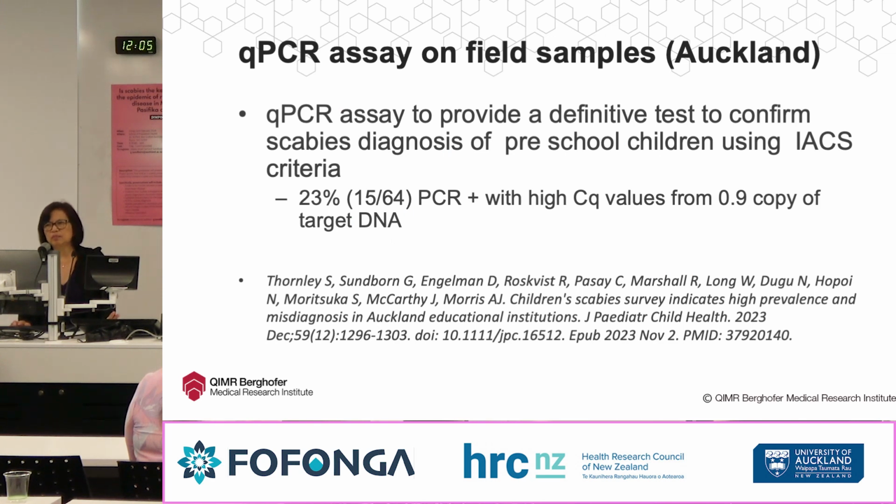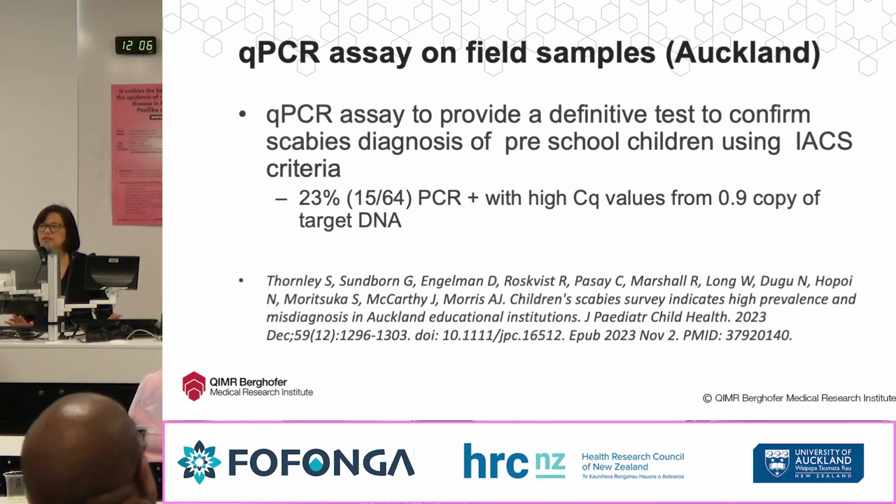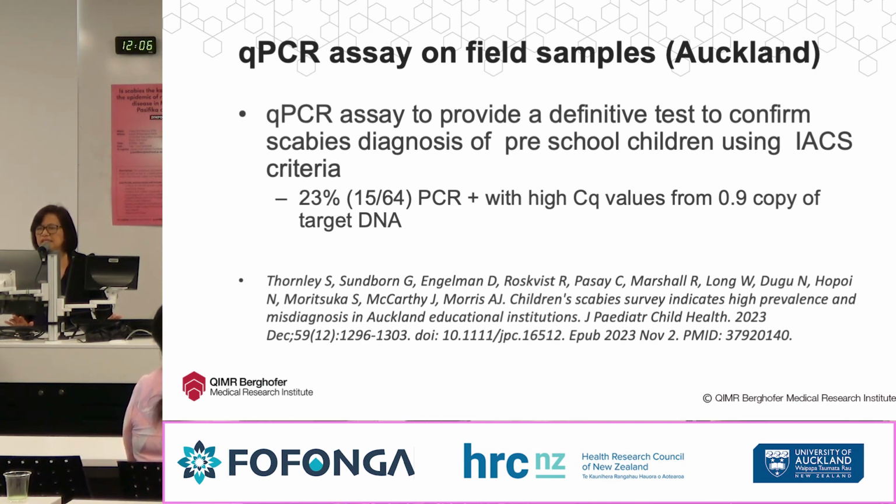Then that's when we started collaborating with the University of Auckland, and all in all, they have collected 64 samples that we tested with our probe-based qPCR, and out of those we got 15 positive, and that's 23%. But of course, it also followed our previous observations that the Cq values were high and the copy numbers of those targets are usually less than 1.